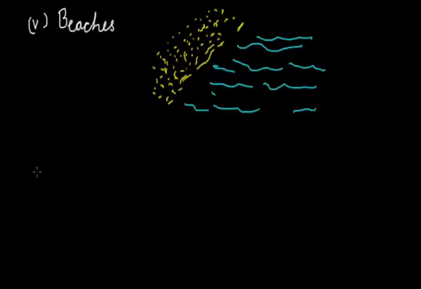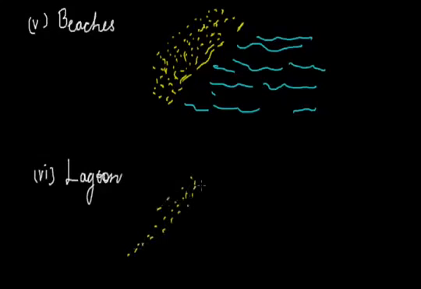Now the next formation that the sea waves make by depositional work is a lagoon. A lagoon is formed in kind of the same way the beaches are formed, but sometimes this deposition is not done in a proper way, and it settles away from the beaches in the kind of a sandbar.